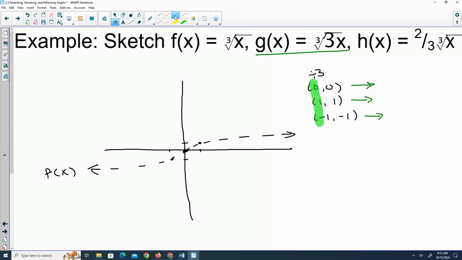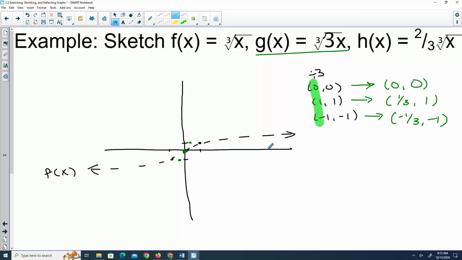So I'm going to take each of those x's and divide them by 3. So 0 divided by 3 is still 0. 1 divided by 3 is 1/3. Negative 1 divided by 3 is negative 1/3. I plot those. 0, 0, 1/3, 1, negative 1/3, negative 1.